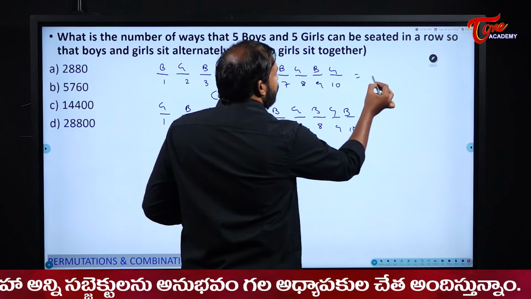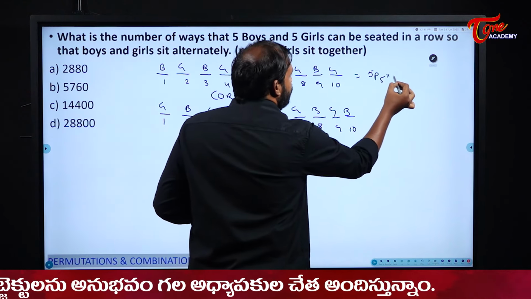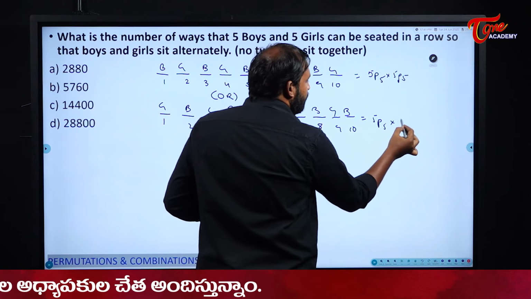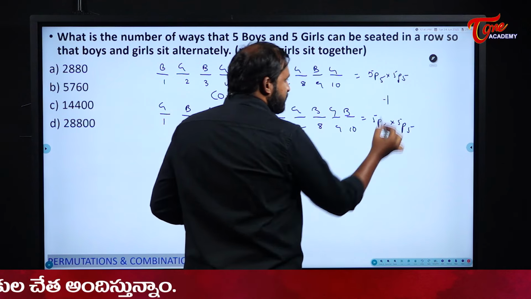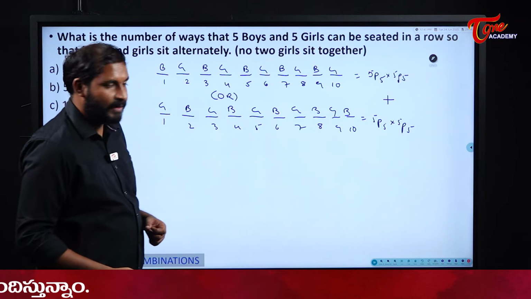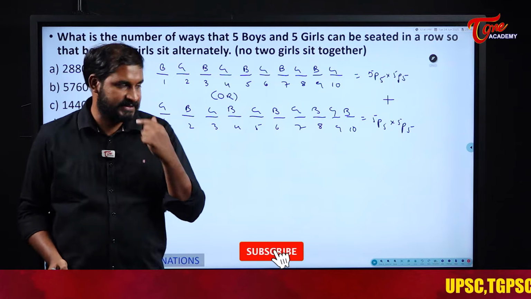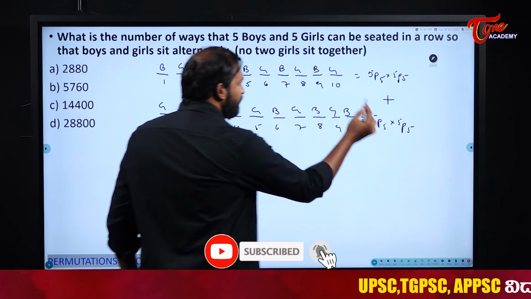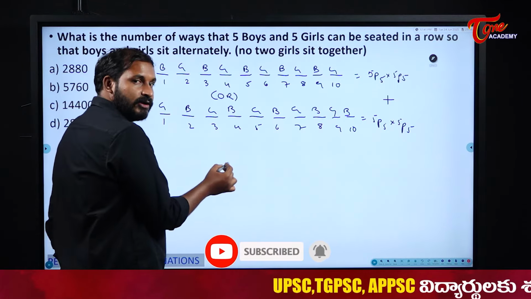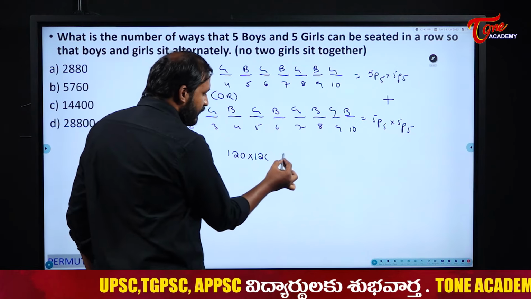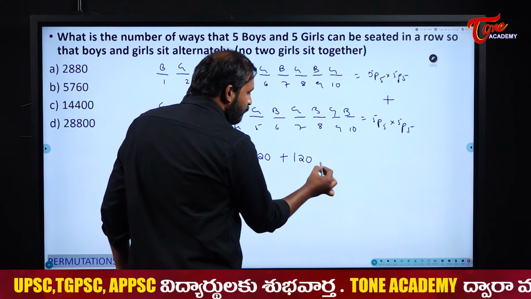Because of that reason we are going to take both the conditions. So here 5P5 into 5P5, plus 5P5 into 5P5 for the other case. Or means plus. So 5P5 into 5P5 becomes 5 factorial into 5 factorial, that is 120 into 120 plus 120 into 120.